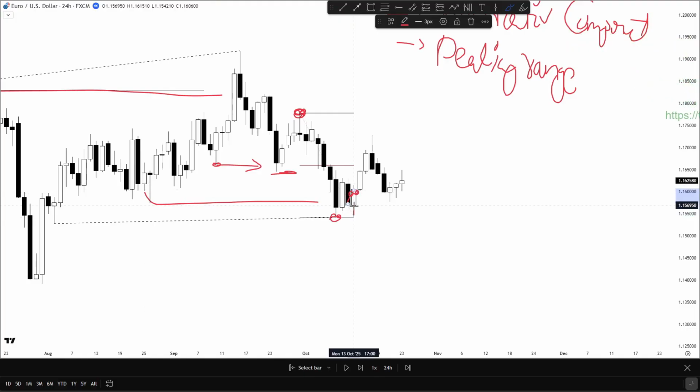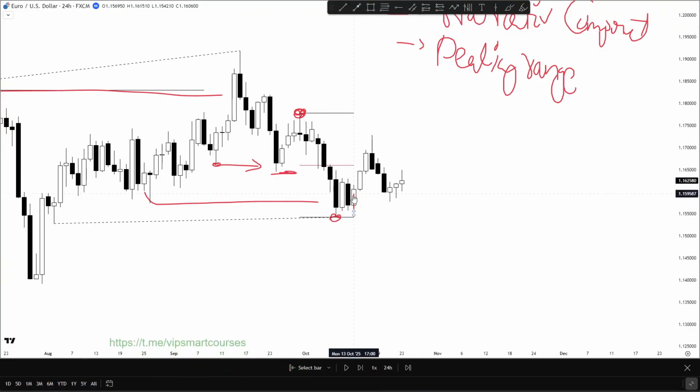From this point on, I established that we have now formed a new dealing range, and now the main priority for price is to first rebalance this dealing range, reach a key level, a premium key level, and then once we've done that, my bias will shift to bearish, and that is exactly what price did.